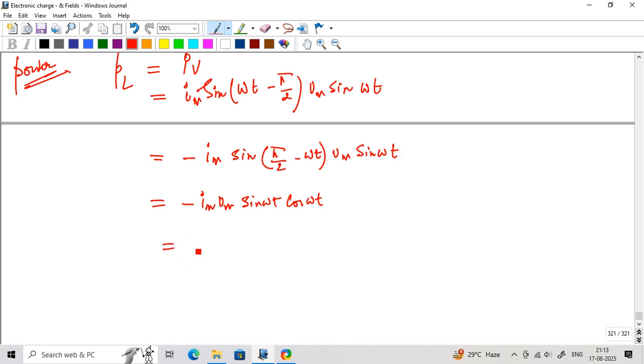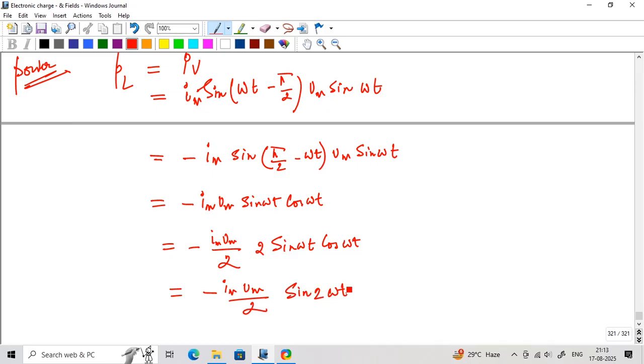Now that is Im Vm by 2 times 2 sine omega t cos omega t, and 2 sine theta cos theta equals sine 2 theta, so minus Im Vm by 2 sine 2 omega t.